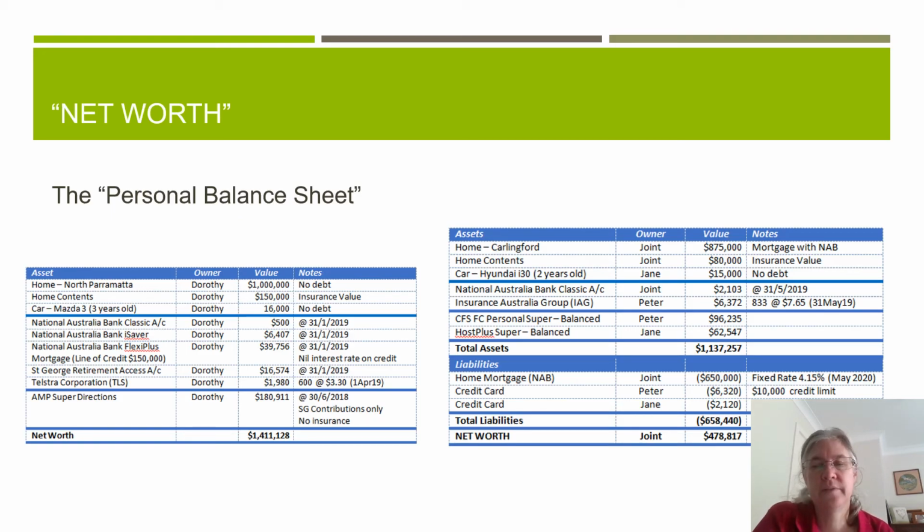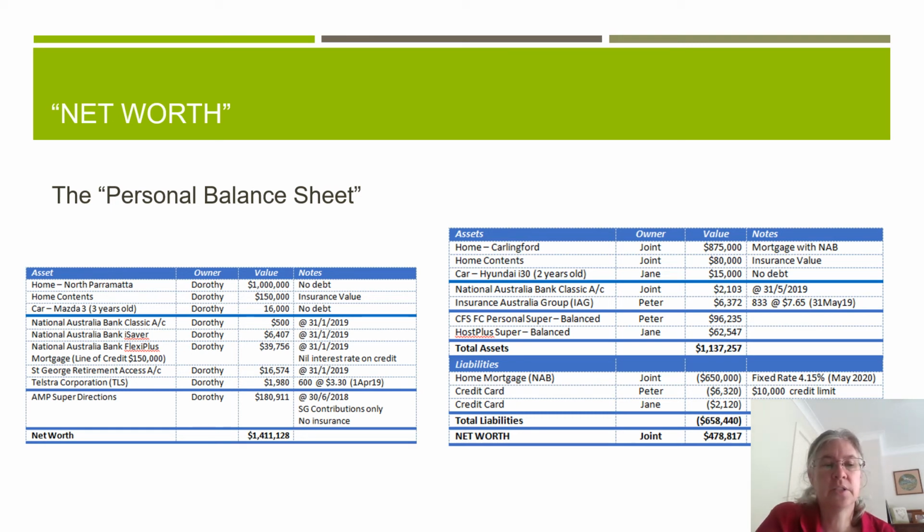The net worth statement is the equivalent of a balance sheet, but it's for people. So let's have a look. We've got one here for Dorothy. We've got the headings Asset, Owner, Value, and Notes. We start off with the assets.